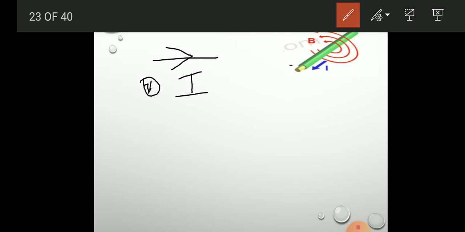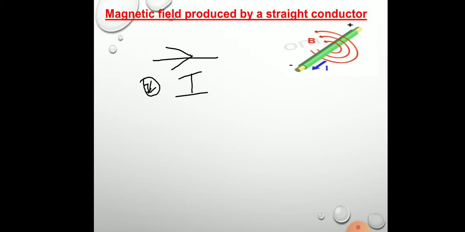so when it is brought near the wire, what happens? There is a deflection. So when this magnetic compass needle was taken and it was placed near the wire, it was found that it showed some deflection.